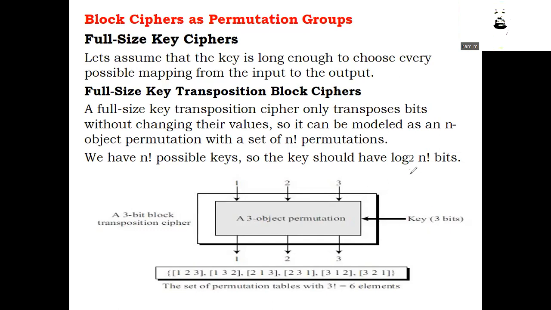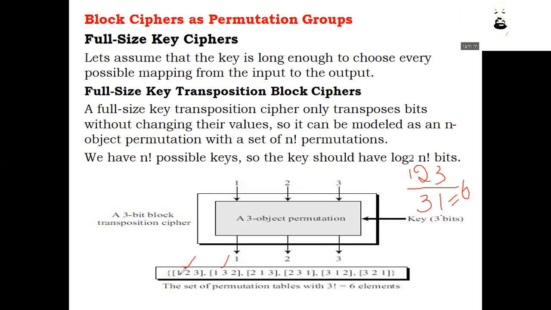So what are the bits I have? 1, 2, 3. As I have 3 bits of data, I can consider it to have 3 factorial permutations. That is, I can rearrange these 3 bits in 3 factorial ways, which is 6 ways. Let us see the 6 ways. 1, 2, 3 is one way. 1, 3, 2.